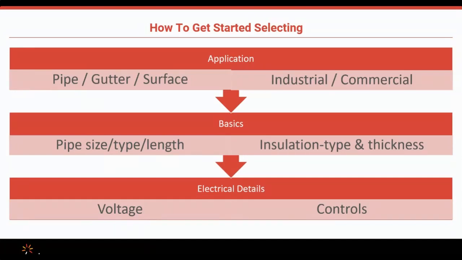The second thing with the application that is very, very important is, is this in an industrial environment or is this a commercial environment? A lot of times people come to us and they don't give us all the information. We may quote a product that is, yes, UL approved and compliant for a lot of different areas, but it may not be approved for a hazardous location as an example. So if you have an industrial application, it's really critical that you know that.